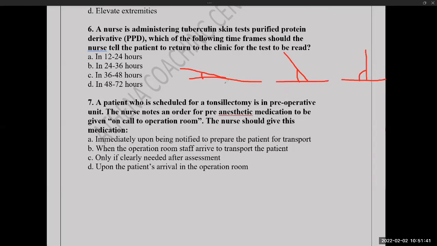Okay, what is the needle gauge? 26. 26 or 27. 10 to 15 degree is the intradermal angle. Okay, so this is for intradermal, and what is the gauge? 26 gauge.